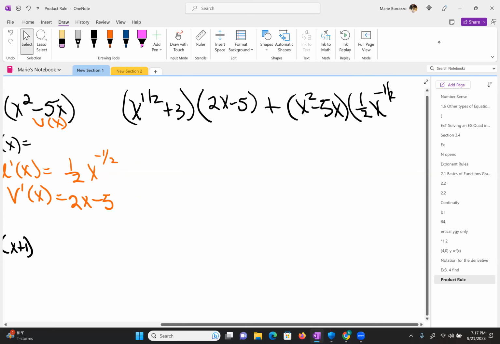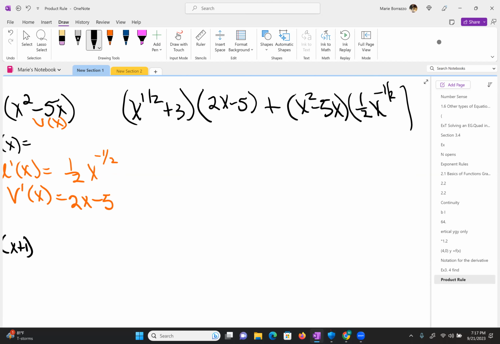So I'll go ahead and distribute this accordingly. x to the 1/2 times 2x, and the negative 5x. I end up with 2x to the 3/2 minus 5x to the 1/2 plus 6x minus 15.